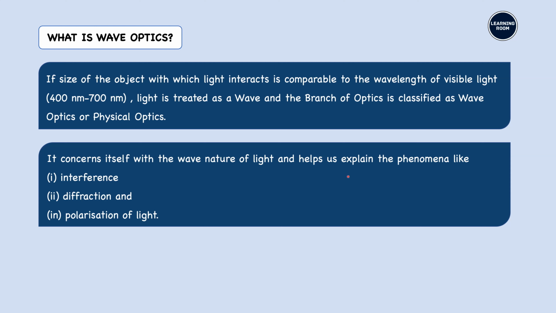I repeat, it concerns itself with the wave nature of light and helps us explain phenomena like interference, diffraction, and polarization of light, about which we will learn in depth in the subsequent chapter, that is chapter 10. As far as this chapter is concerned, we will only treat light like a ray and then solve all the problems.